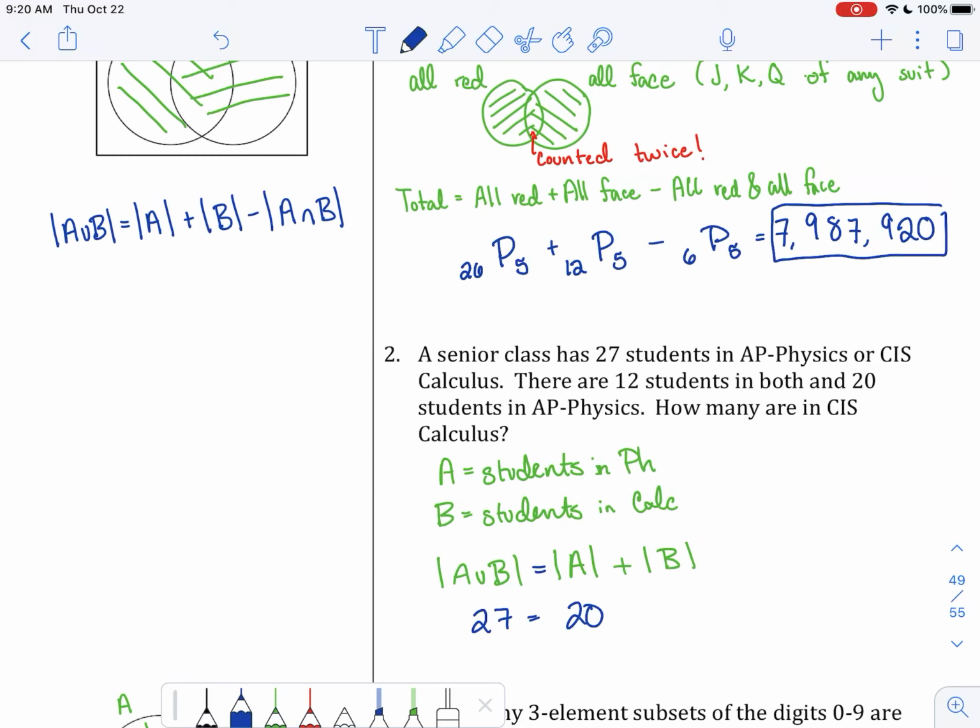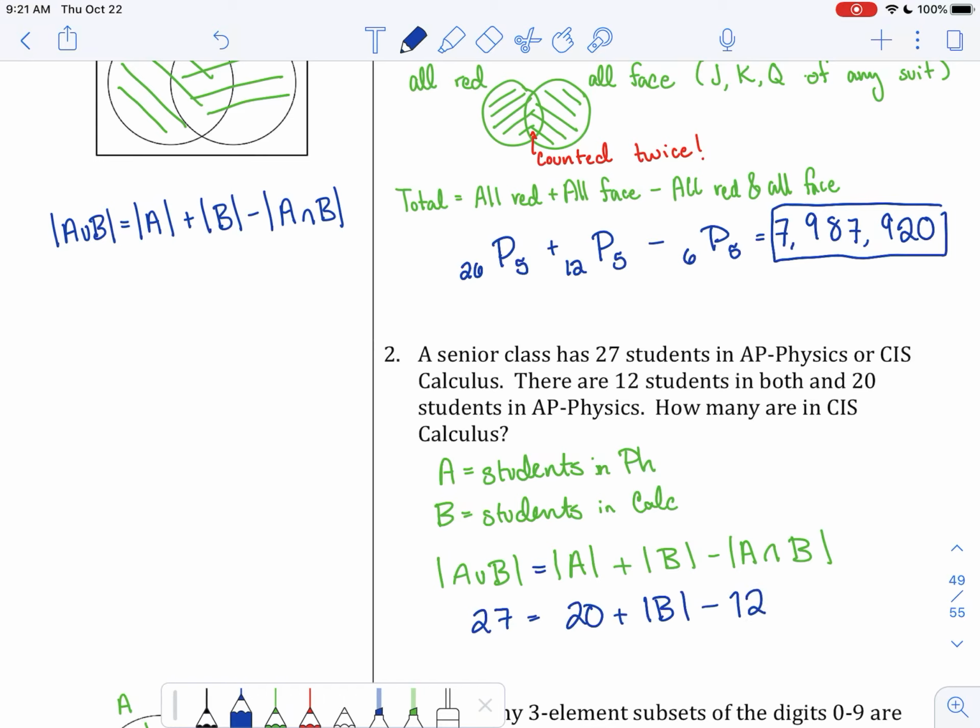This is what we want to solve for. And then, of course, minus the students who are in physics and calculus, which is given to us as 12.